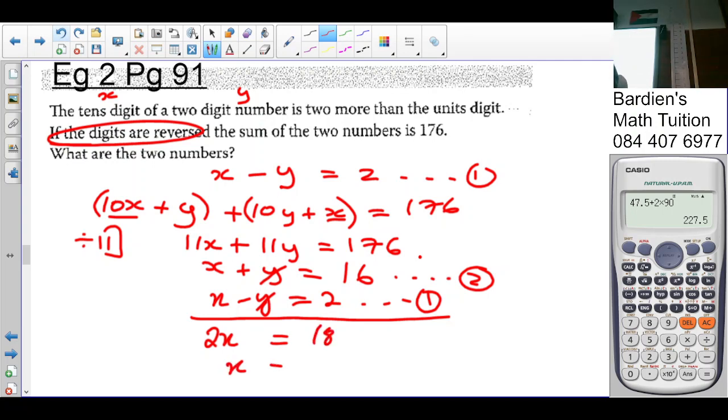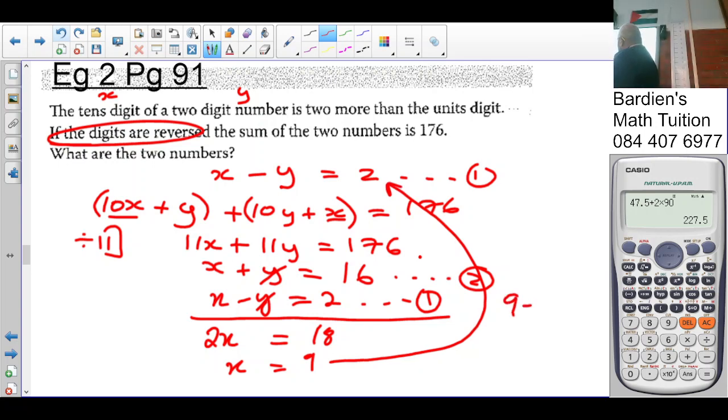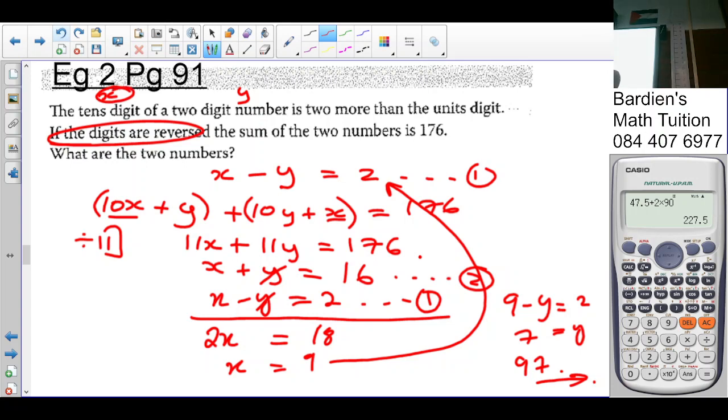Divided by 2, x is 9. If I substitute that back into one of the previous equations, it's going to give you 9 minus y is equal to 2. So y is equal to 9 minus 2, which is 7. So the two-digit number is 97. Why? Because the x was the tens and the y was the units.